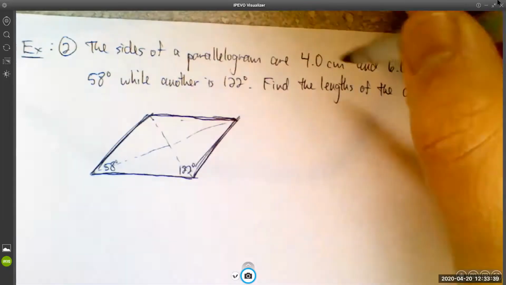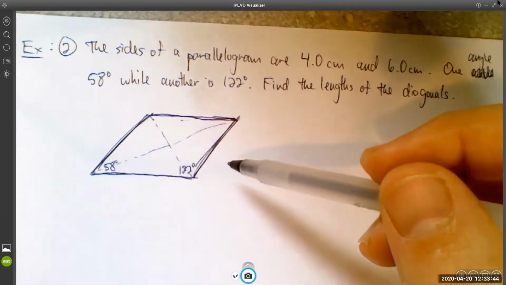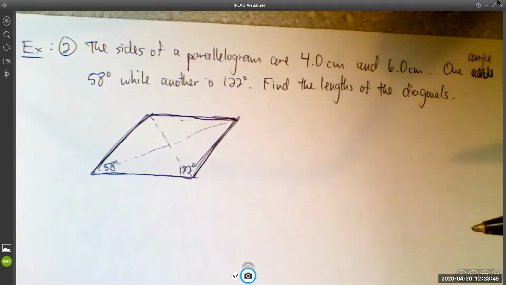Anyway, the sides of the parallelogram are 4 centimeters and 6 centimeters. I'm trying to figure out if we can tell by looking at it which side should be 4 and which side should be 6. Is there a way that we know that?